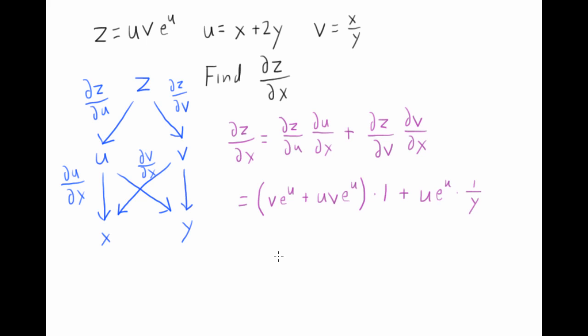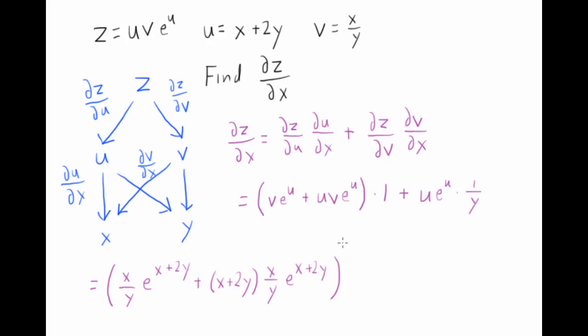Whew, okay. Now it's plug-in time. So what we have is v, which is x over y, times e to the u, that's e to the x plus 2y, plus u, which is x plus 2y, times v, which is x over y, times e to the u, which is e to the x plus 2y.